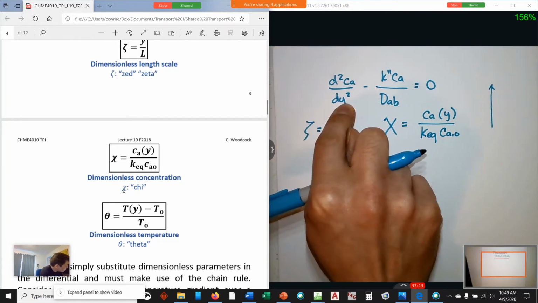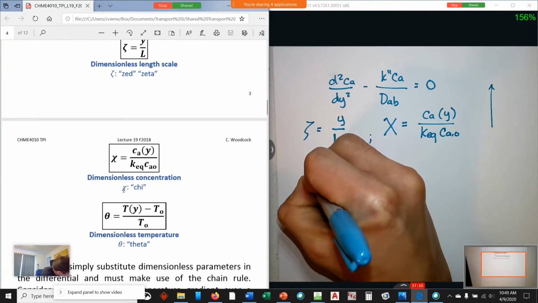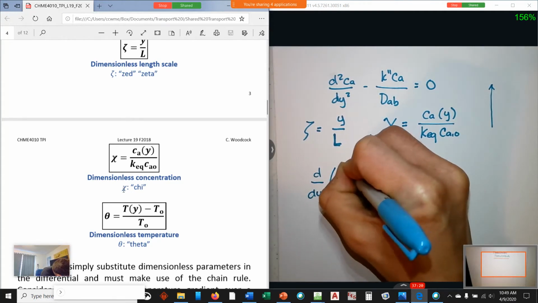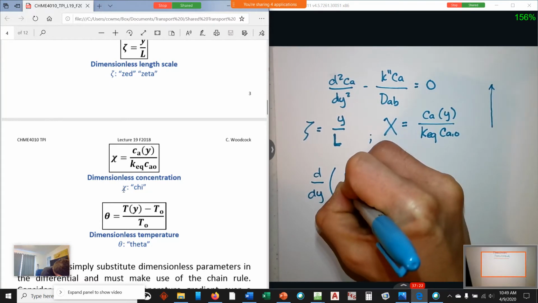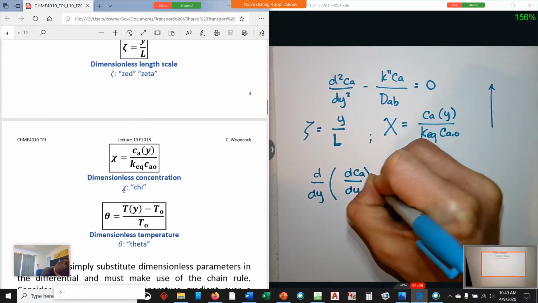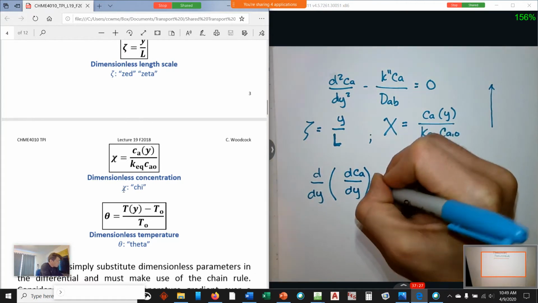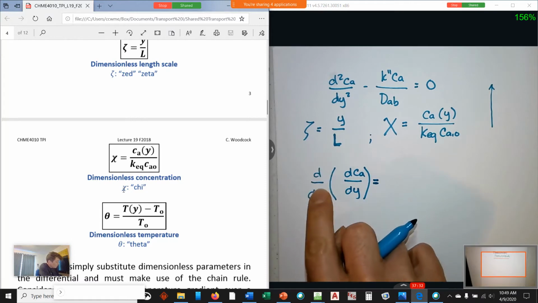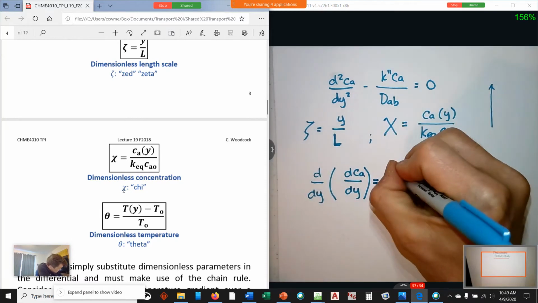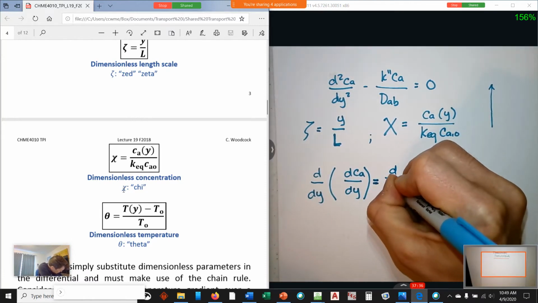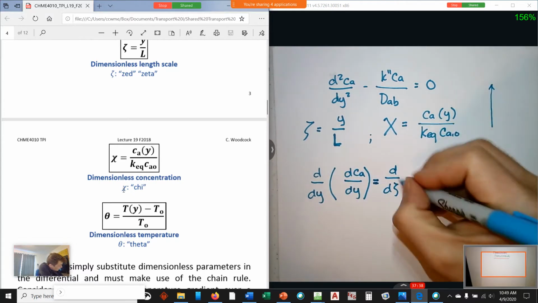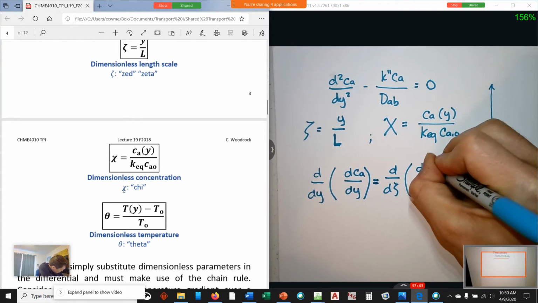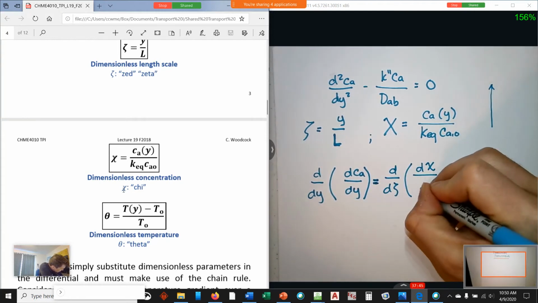Taking the second-order derivative is the same thing as saying I'm going to take the derivative with respect to y of the derivative of Ca with respect to y. So I need to transform this into the derivative with respect to zeta of the derivative of chi with respect to zeta.